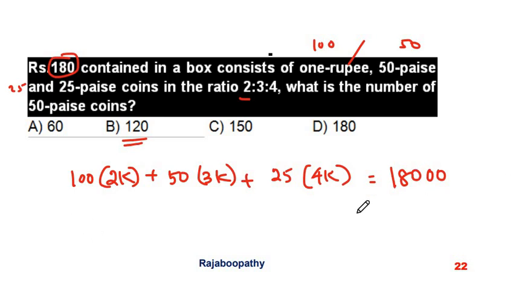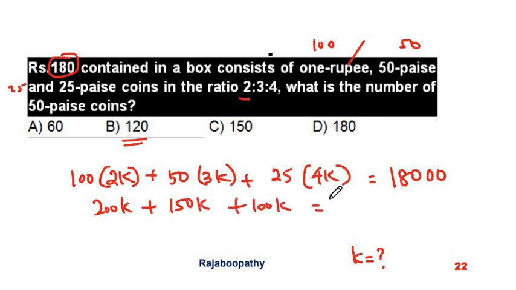Simplify: 200K plus 150K plus 100K equal to 18,000. So K equals 18,000 by 450, so find the value of K.